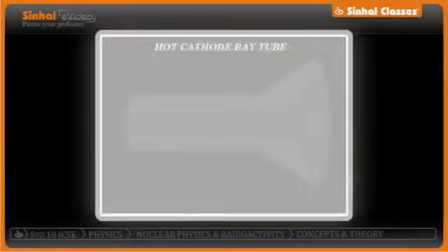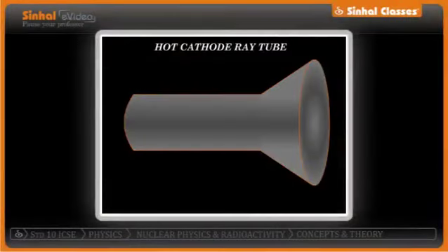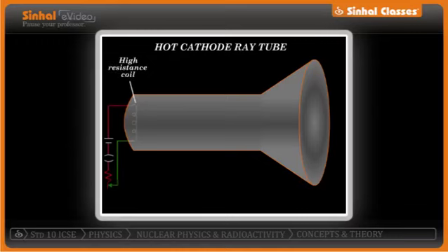It consists of a highly evacuated tube which is narrow at one end and broad at the other. Towards the narrow end lies a high resistance coiled coil which is connected to a low tension battery, a key and a rheostat.